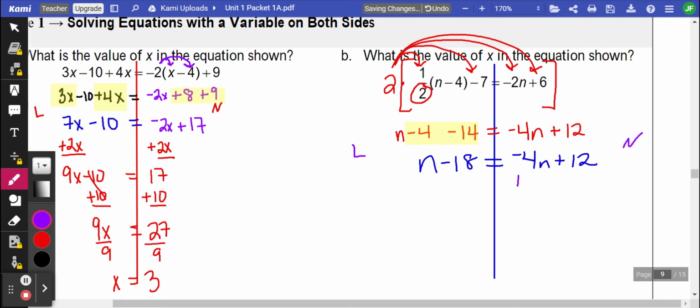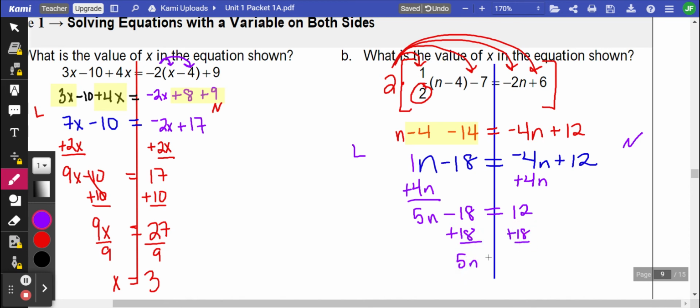So I need to move that letter over to the other side, so +4n on both sides. If you want to add a 1 there, you can. So 1n and 4n is 5n minus 18 equals 12. Now we need to move the numbers over, so we're going to do +18 on both sides to get 5n equals 30.